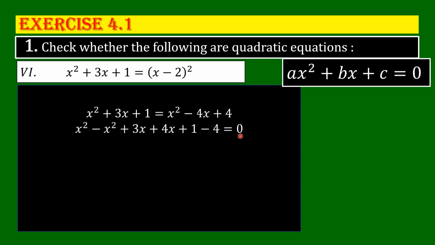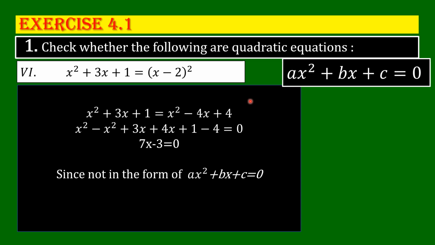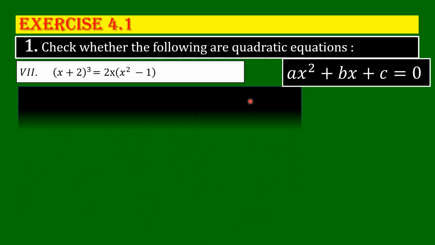And then we shift all the terms to one side and simplify further the like terms, adding and subtracting. We are left with 7x minus 3 is equal to 0. See, x square minus x square cancels out. So we are left with this expression 7x minus 3 is equal to 0. Clearly again it is not in the form of ax square plus bx plus c is equal to 0. So this is also not a quadratic equation, right?